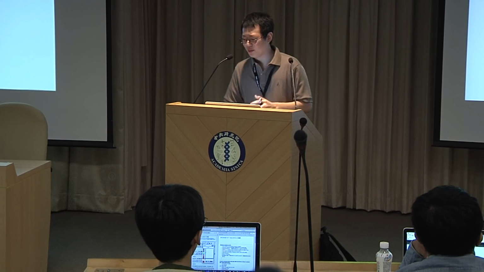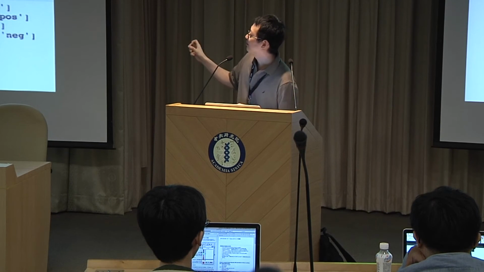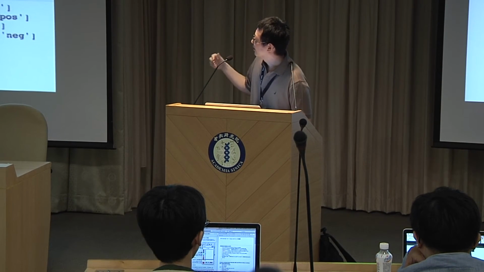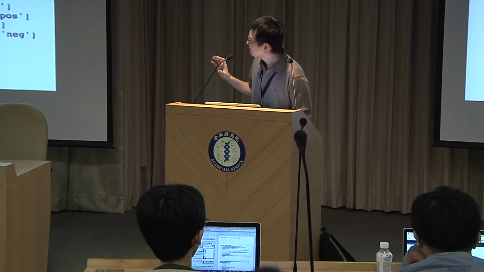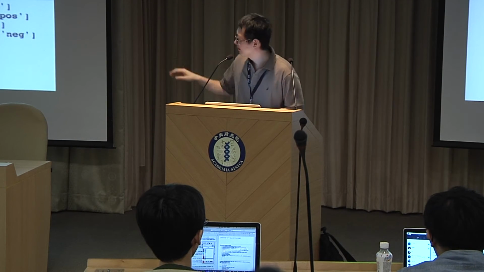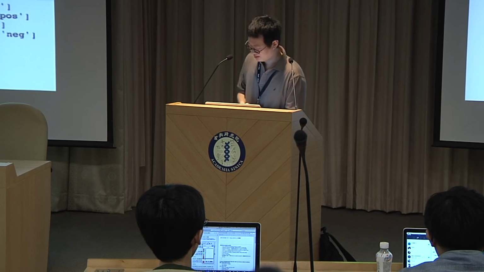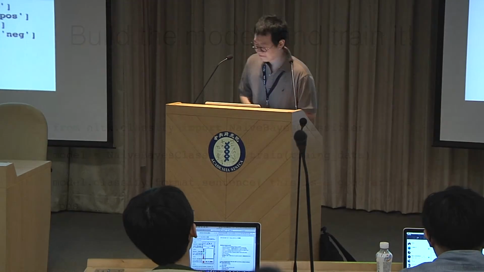This is the format NLTK uses. We have to provide the training data first. This is the first sentence we collected from the internet and labeled by a human. We know the first sentence is positive, the second is positive, and the last 2 are negative. So we use an array to contain all the data. This is the format for our training data.